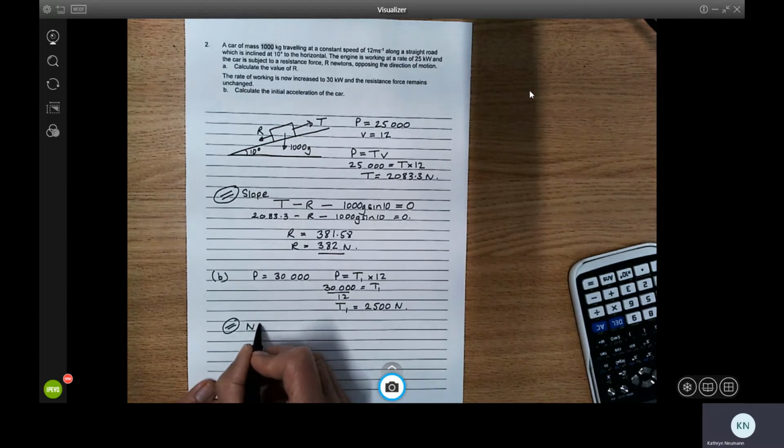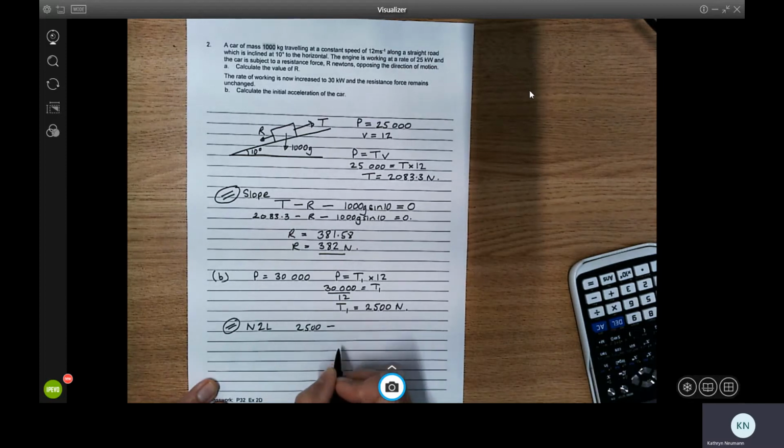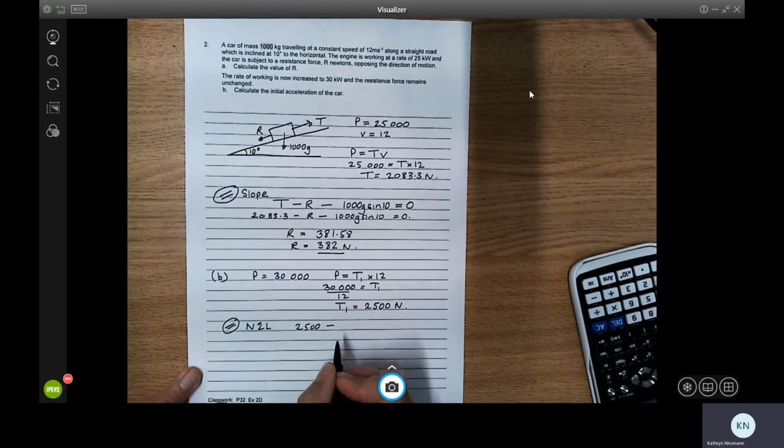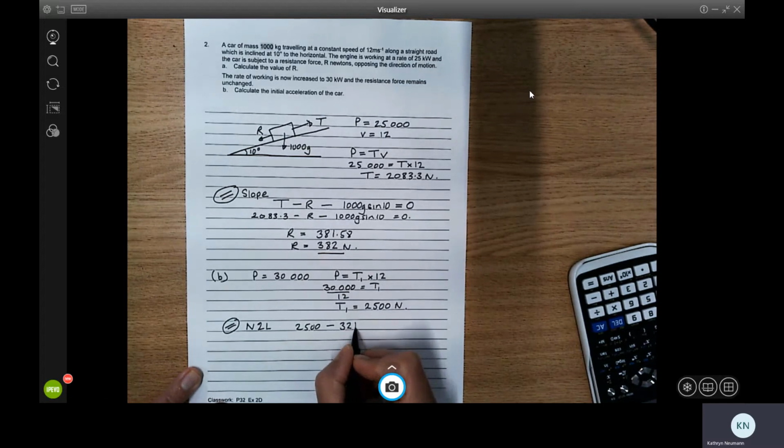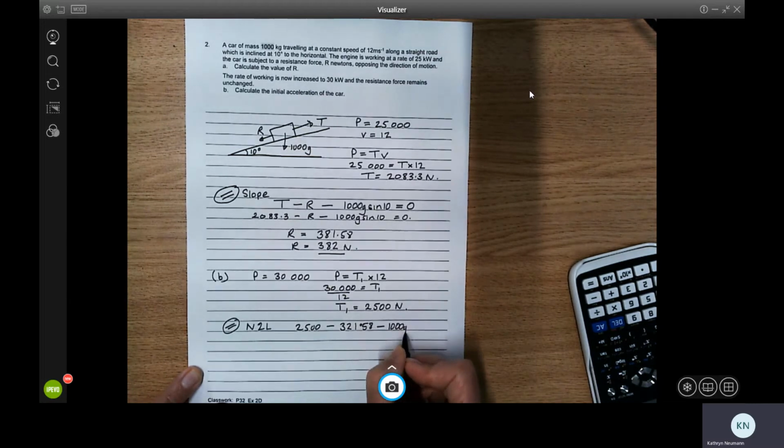The initial acceleration of the car, we're going to resolve along the slope, and we're going to use Newton's second law. So we're going to say T1, which is 2,500, minus the resistive force, so that's 381.58, use the unrounded figure, minus 1,000g sine of 10.